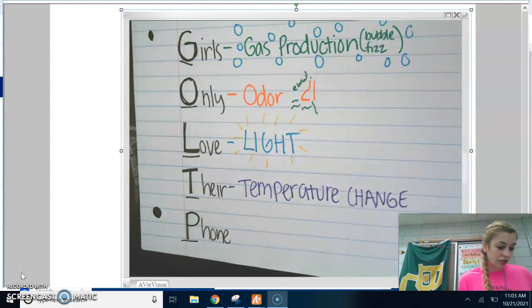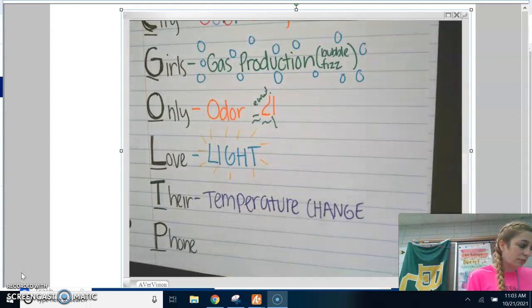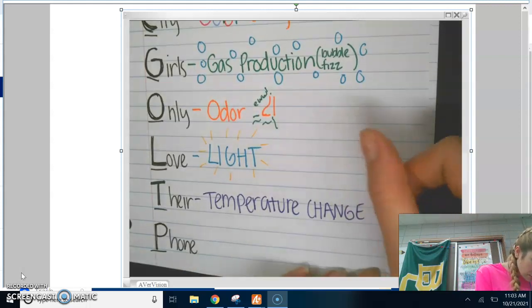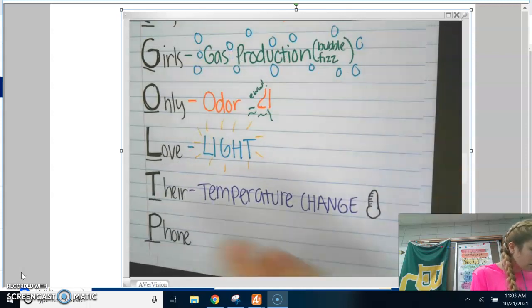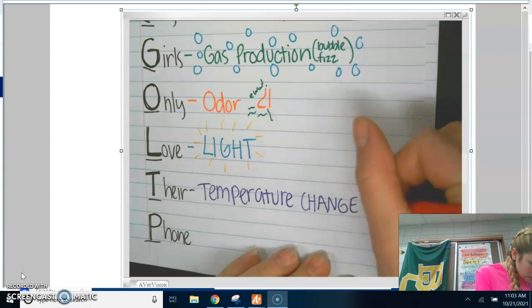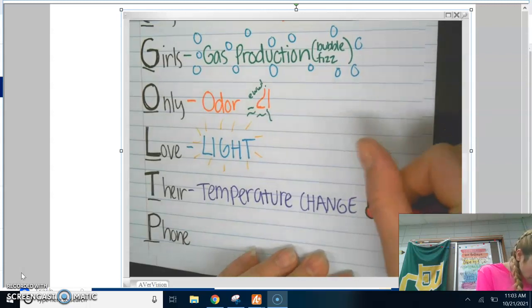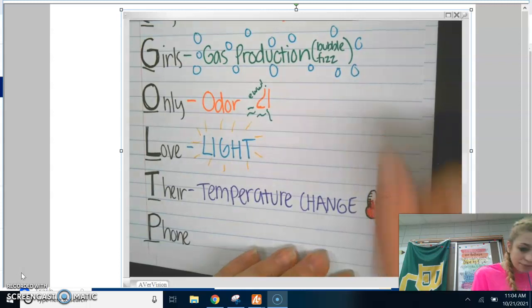A temperature change. Now this can be an increase or a decrease in temperature. So I'm going to draw like a little thermometer with like, here's my temperature and it's shooting up or it's going down.